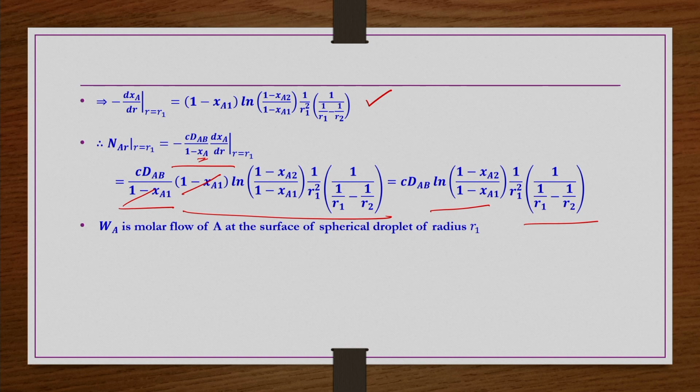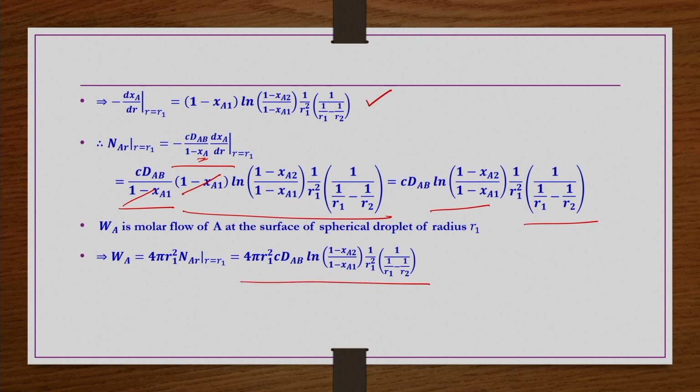The surface area of the droplet at the r1 location is 4 pi r1 square. So, if you multiply the flux by this surface area, you get the mass transfer rate in moles per second. That expression is given here. Now, with 4 pi r1 square, this r1 square is cancelled out, and the remaining term is this one. So, this is the isothermal case.